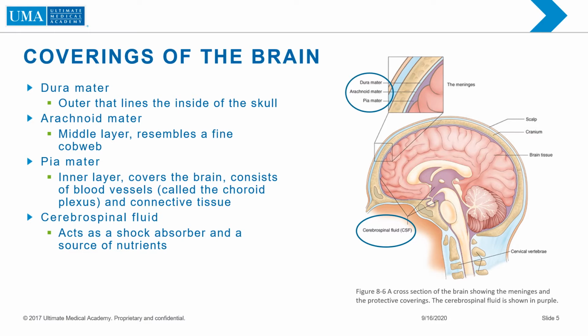The pia mater is covering the surface of the brain itself and consists of blood vessels held together by fine areolar connective tissue. Now, the cerebrospinal fluid is actually found in the subarachnoid space between the arachnoid and pia mater. This fluid is produced within the ventricles of the brain, and its purpose is actually to act as a shock absorber as well as a source of nutrients for the brain.